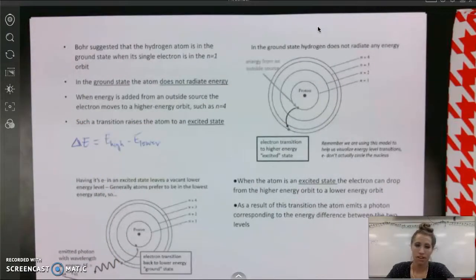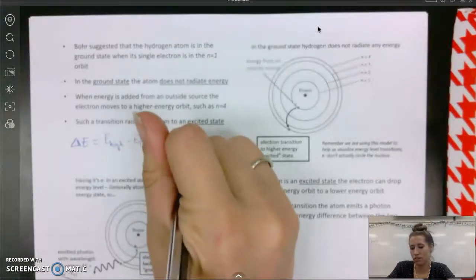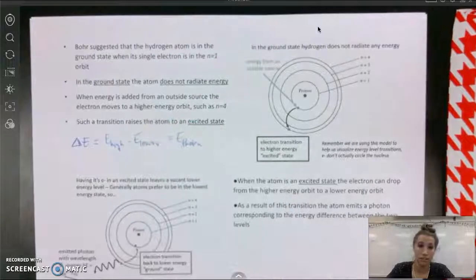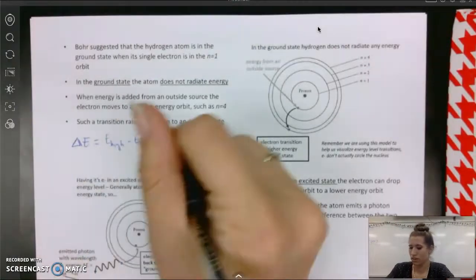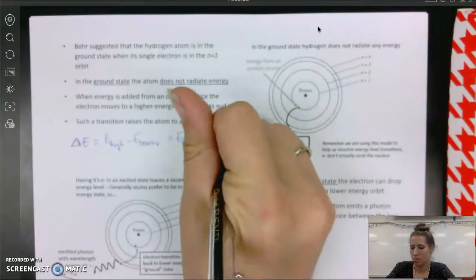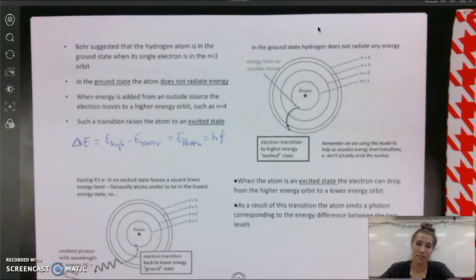That change in energy is going to be equal to the energy of the photon emitted. And we have an equation for the energy of a photon, which was Planck's constant multiplied by the frequency of that photon. So the change in energy of the electron is what's going to determine the frequency of the photon that it emits.